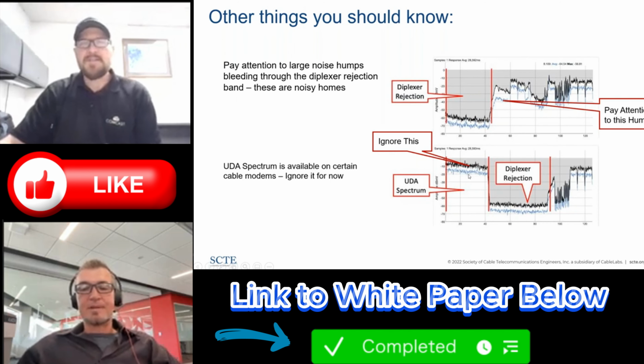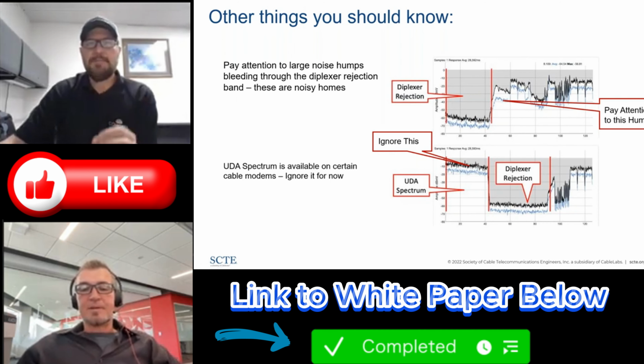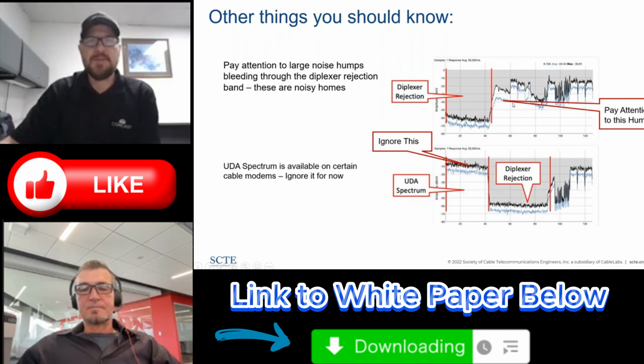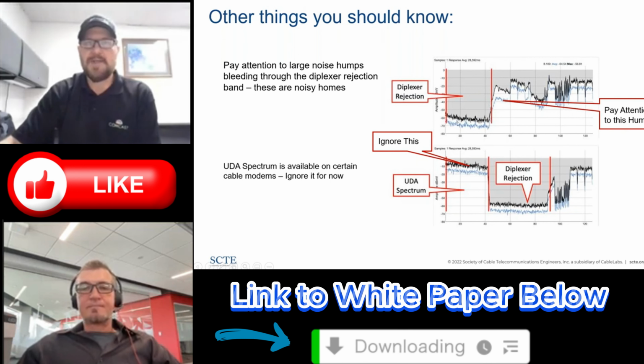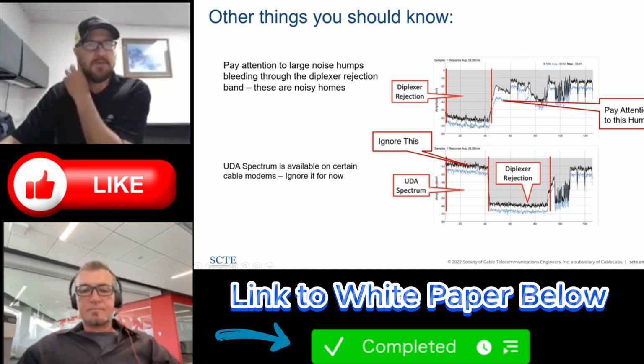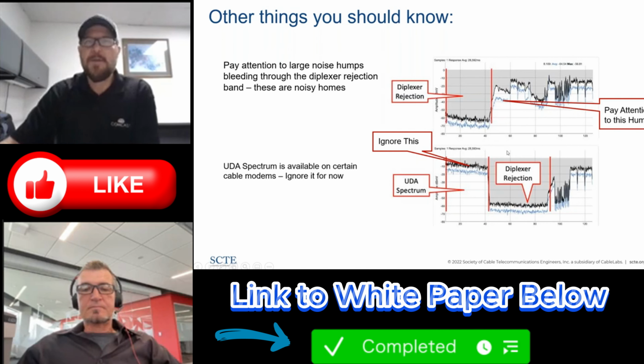What's really important is to understand the model and the make of the device that you're looking at, right? So for the top spectrum capture, that is potentially something like a video set-top box that has a DOCSIS chipset in it. And those would have fixed subsplit diplexes here around 42 megahertz, right? So your diplexer rejection is 42 megahertz to 5 megahertz.